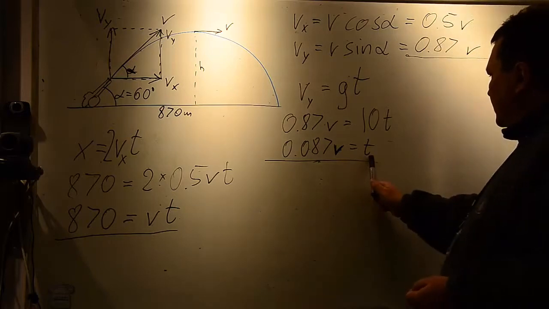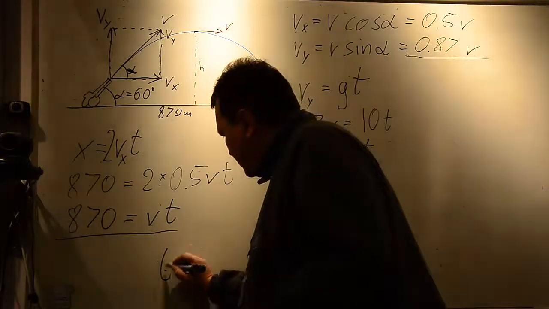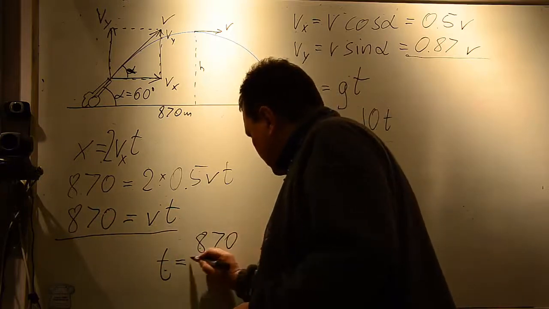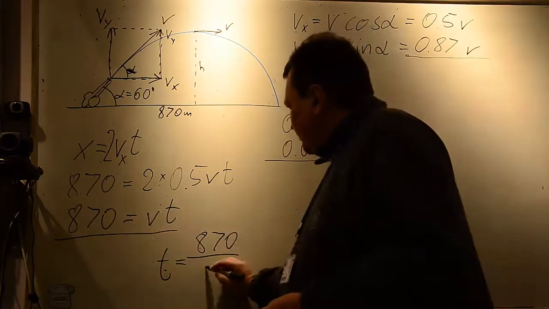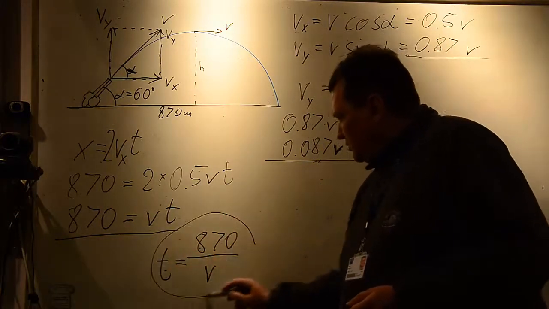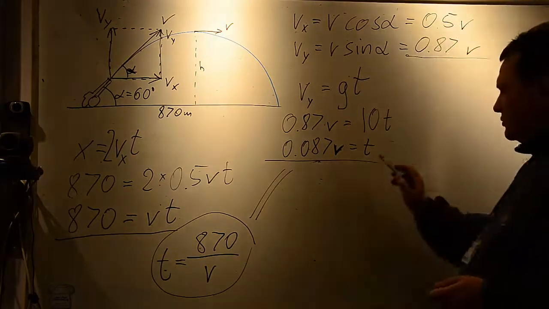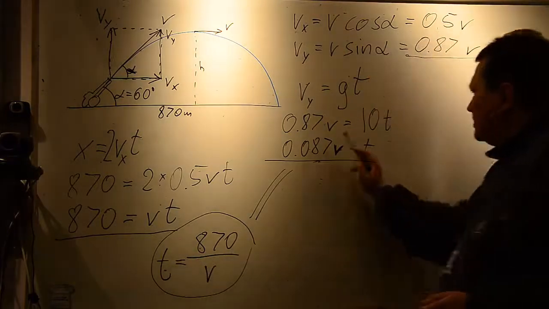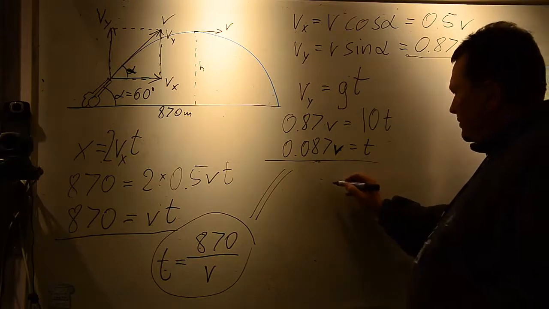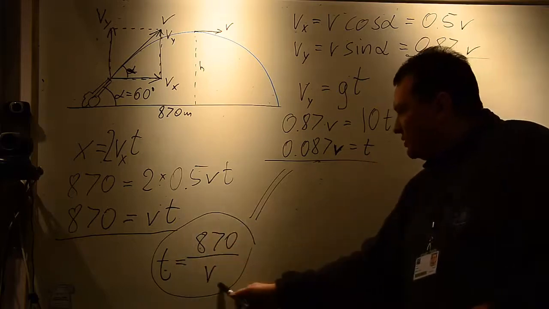This is already solved against t, so I will try to do exactly the same thing here. So t, from this formula, t equals 870 over v. I have t equals this and t equals this, so I can use both formulas. So I'm replacing t here with this value here.